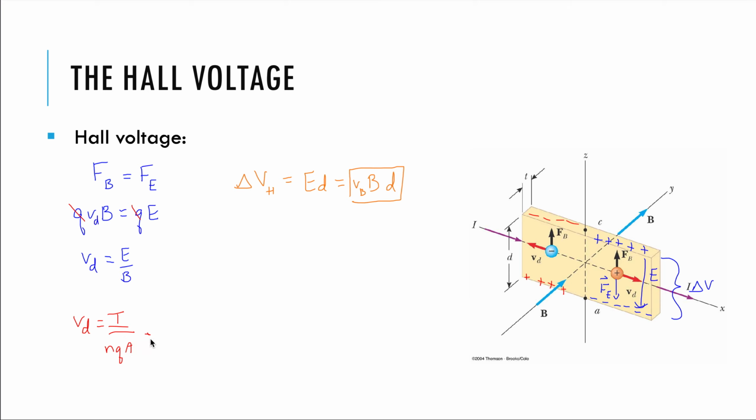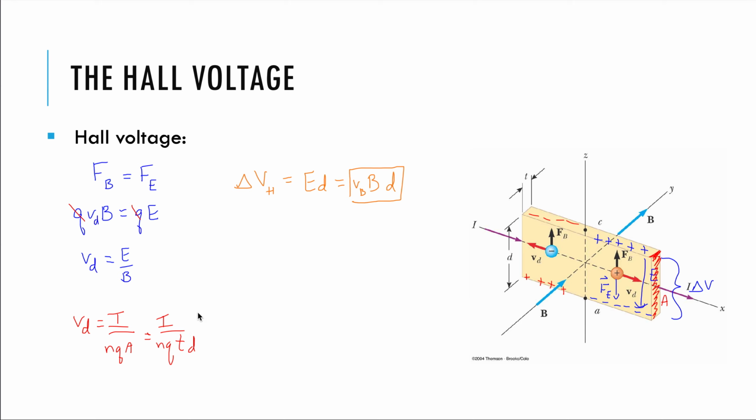So we can rewrite this as I over NQ, and then the area is not going to be this big area. It's the area through which the charges are flowing here. This is the area, which is the thickness times the width here. So T times D is the area.